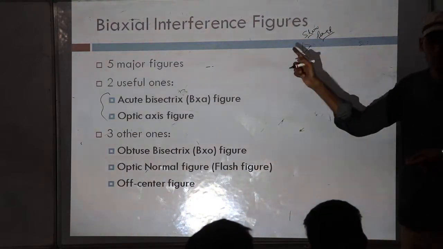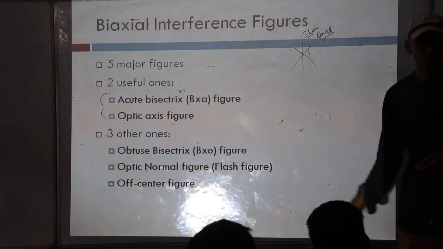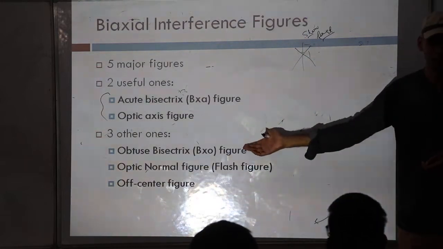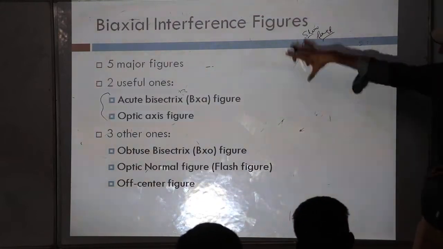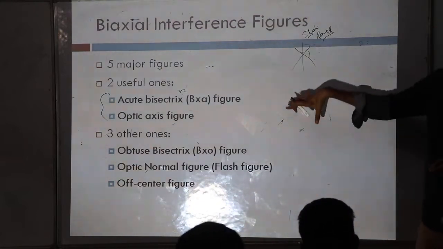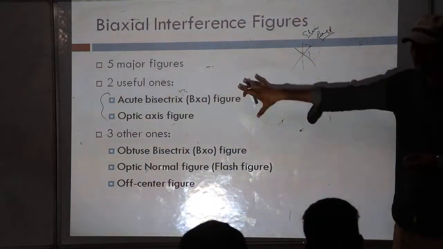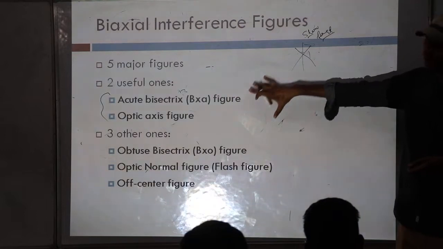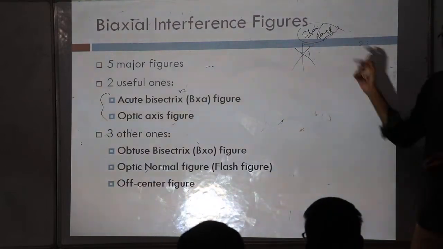If that is known to us that the acute bisectrix is slow, then what is the use of determining optic sign? Got that? If we know that, why would we use this interference figure, right? We have to find out whether that is slow or fast.